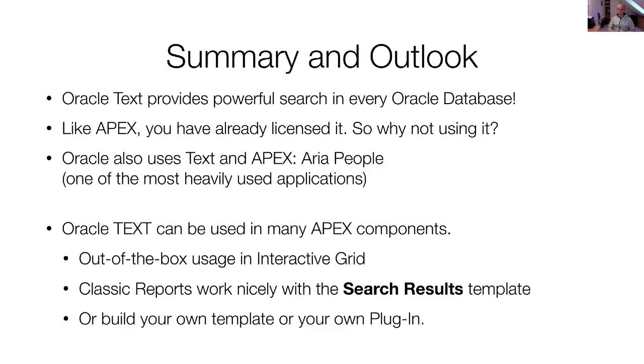Don't build it from scratch. Use the building blocks, right? You have the SQL, which does the search for you. You have classic reports, which the reporting engine, which fetches the data and brings them onto the page. And you have Apex templates, which is the templating engine to style the output, right? And Apex and the database, everything you need is there, right?